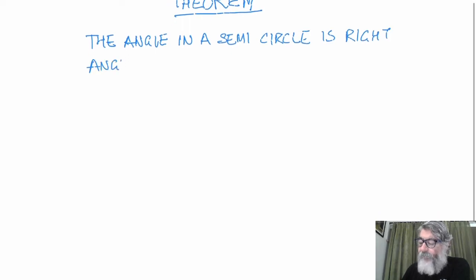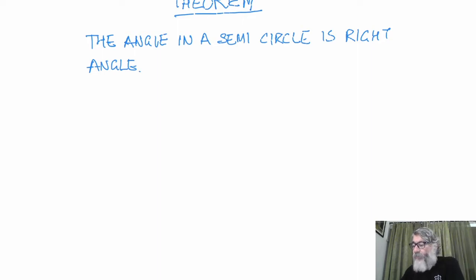Angle in a semicircle is a right angle. So whenever a semicircle is there, the angle formed in the semicircle will be a right angle. Let us make the figure and show it to you.